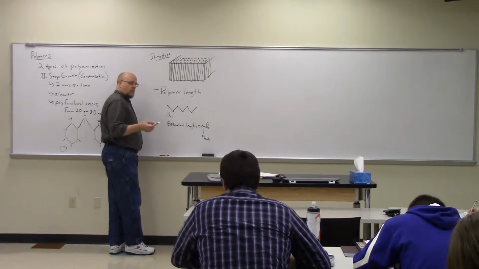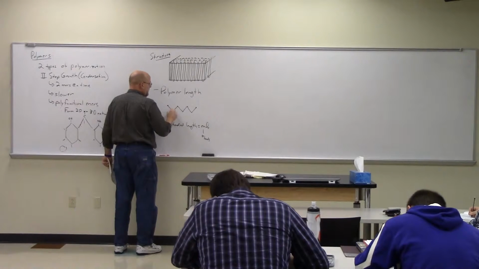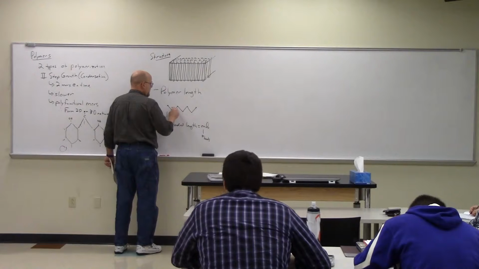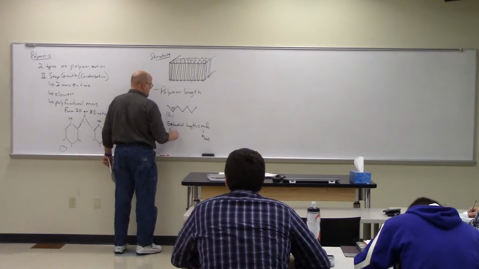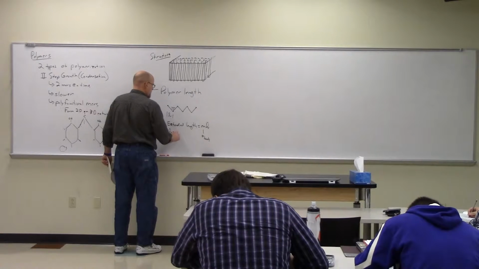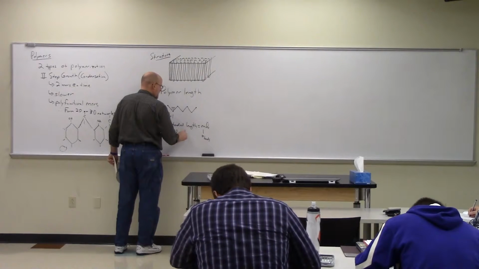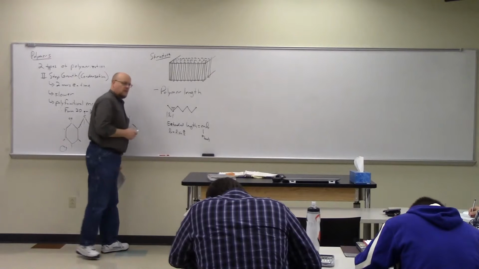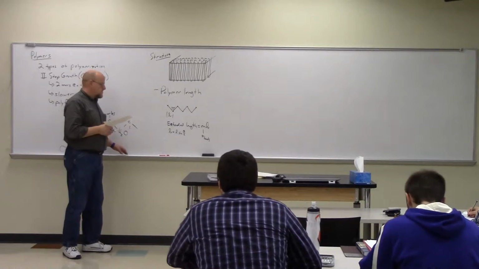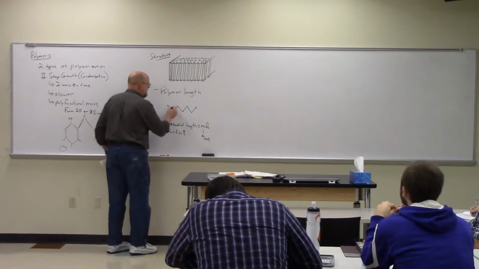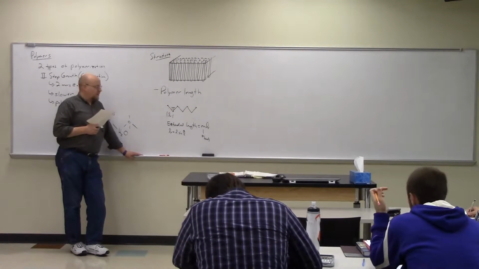The most common one is the carbon bond, where theta is 109.5, so L sub x is equal to L, the length of the bond, times the sine of theta over 2.